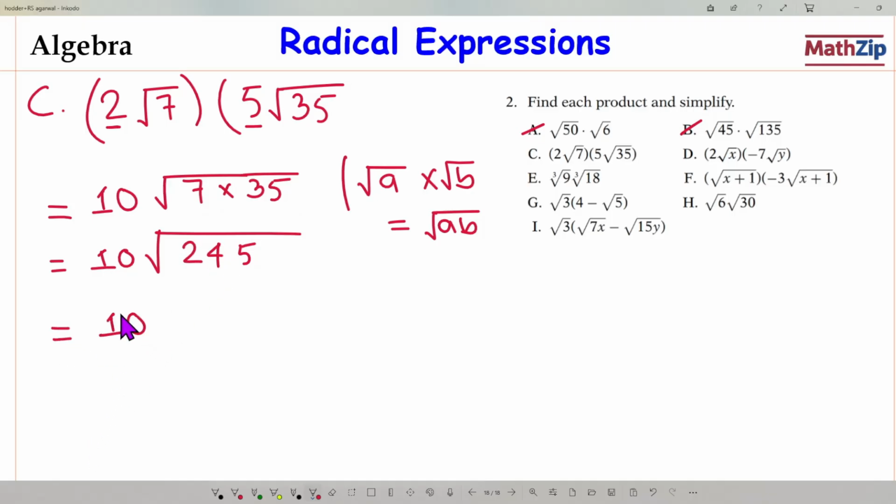Now this 245 we have to find a perfect square. How? 245 we can divide by 5, so here is 49, 4 times 5 is 20, 24 minus 20 is 4, 4 and 5, it will be 9.